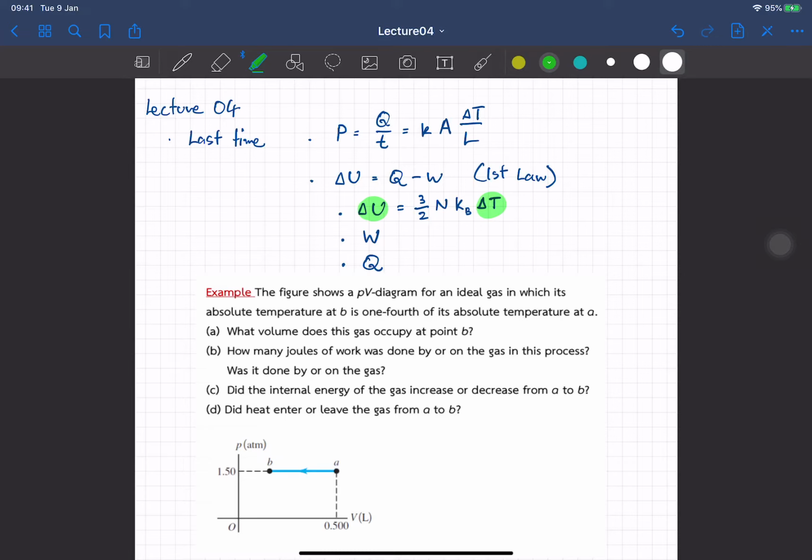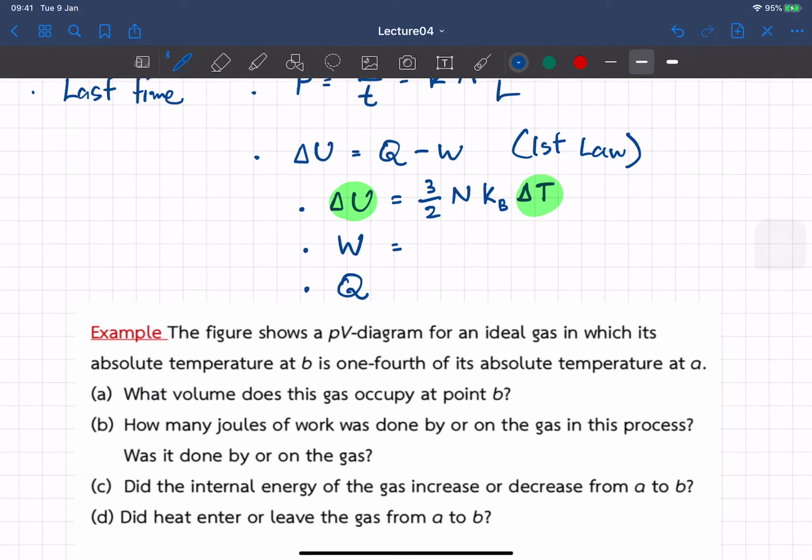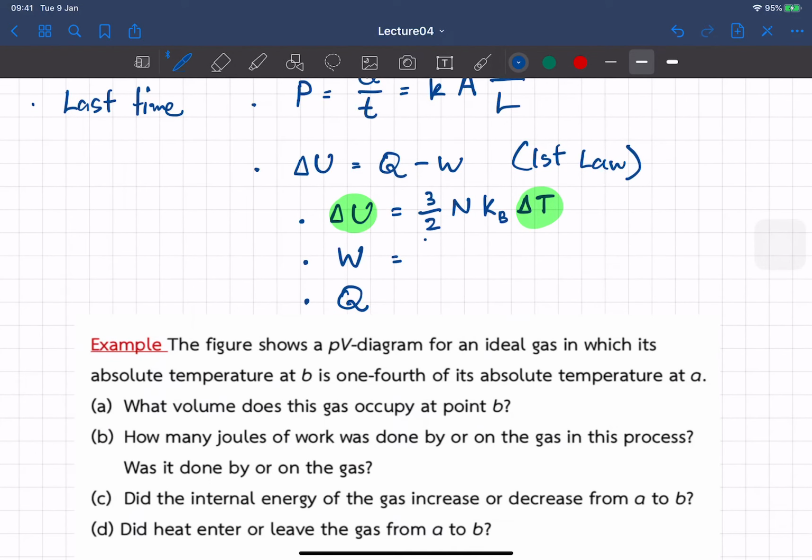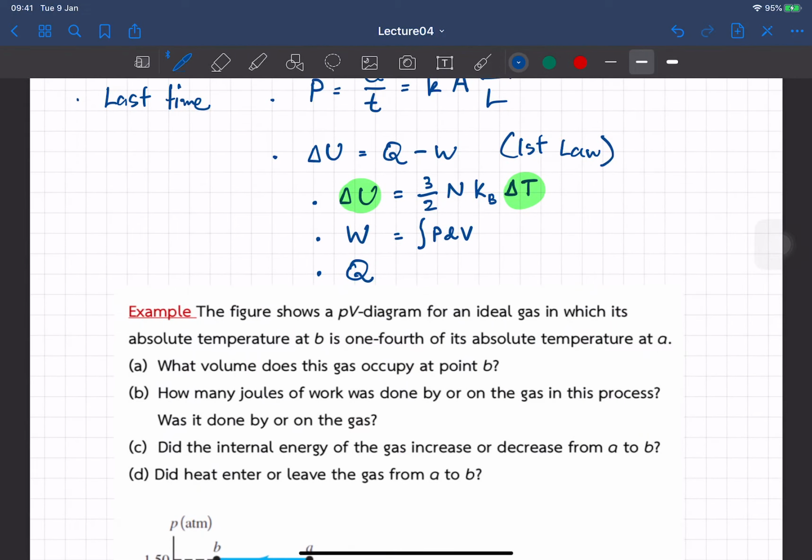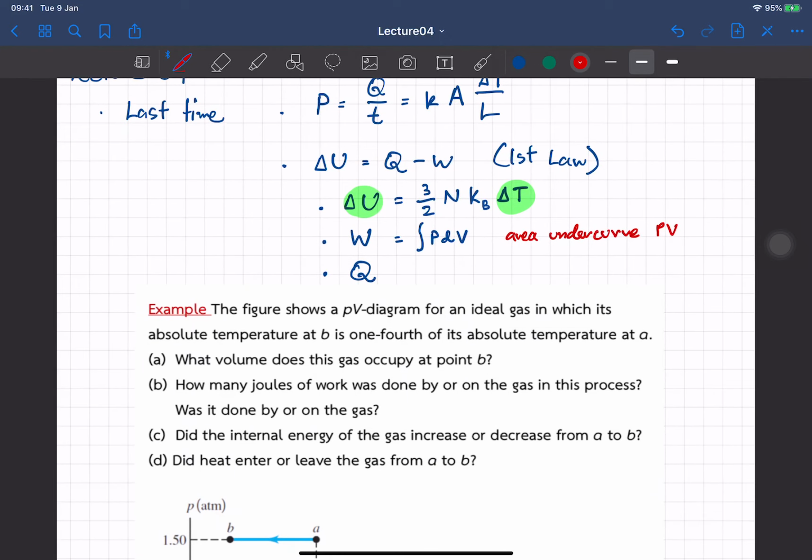You don't need any more than that, which is different from the remaining two variables, which is work. This is equal to, in terms of calculus language, I'm gonna write it this way. It's gonna be the integral of P dV, which might look scary to some of you, but actually it doesn't mean anything other than the area under the curve of the PV diagram.